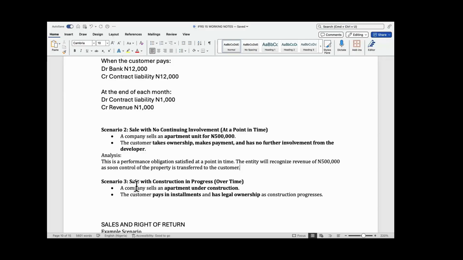Another one is a company that sells an apartment under construction. The customer pays in installments and has legal ownership as the construction continues. So for this, this is a performance obligation satisfied over time.